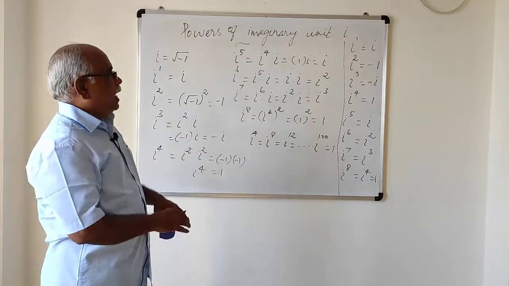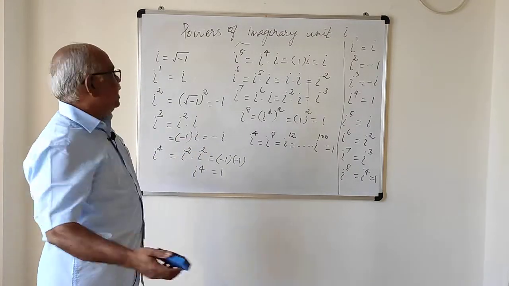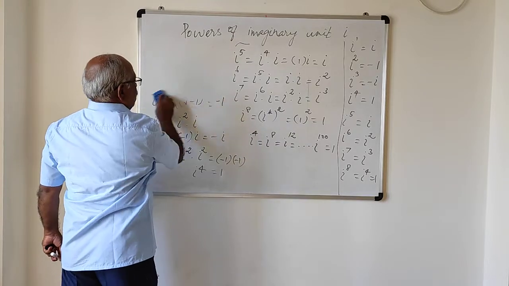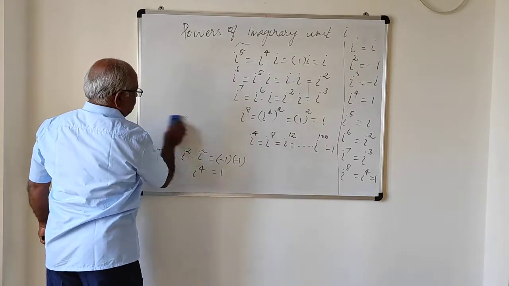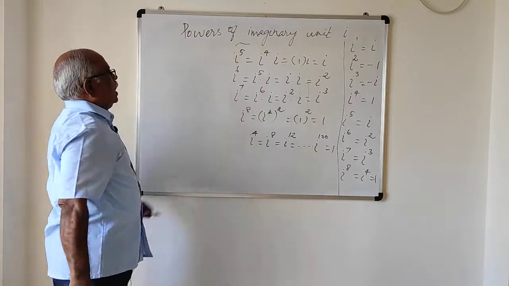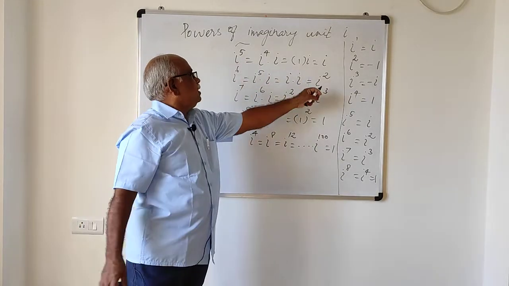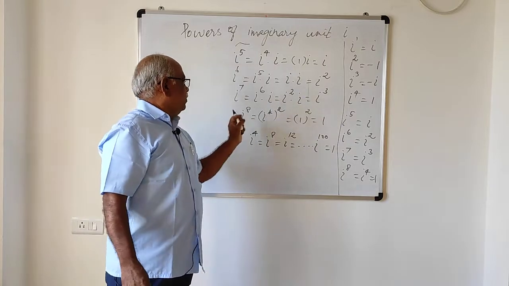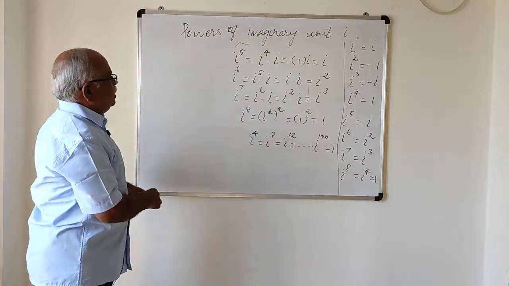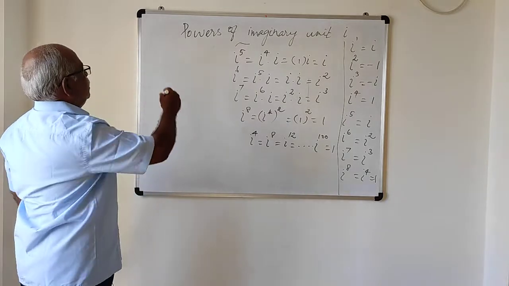From this, I came to a conclusion. The general idea of the integral power of i, I am going to define now. See, i power 5 is i, i power 6 is i square, i power 7 is i cube, i power 8 is again i power 4 only. Like that, we define the values.